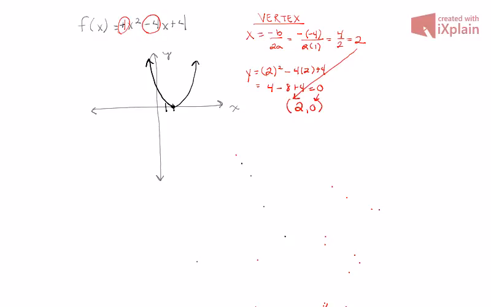So what I have here on the screen is a very rough sketch. I know where the vertex is going to be plotted on the coordinate plane, and I also know what direction the parabola is going to be opening. That is enough information for me to answer the question.